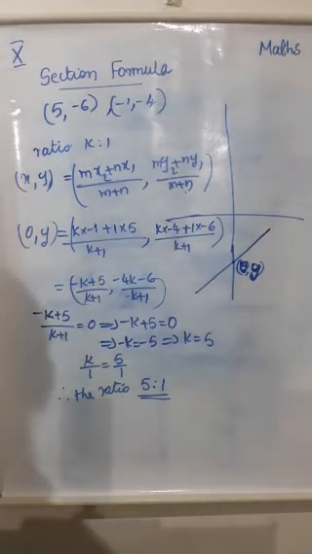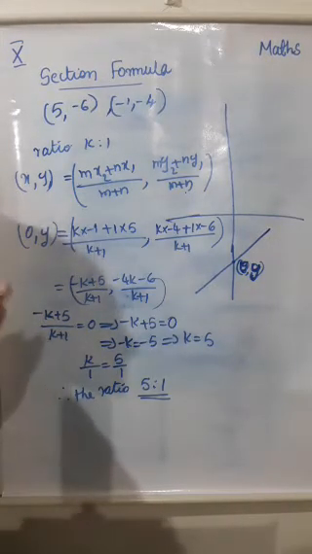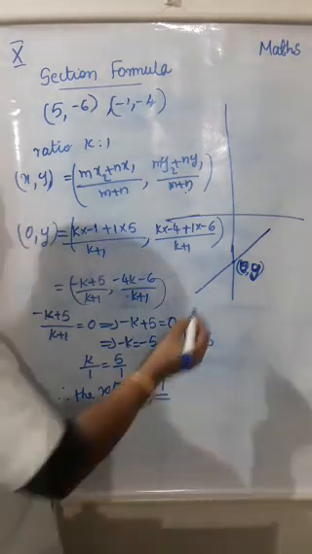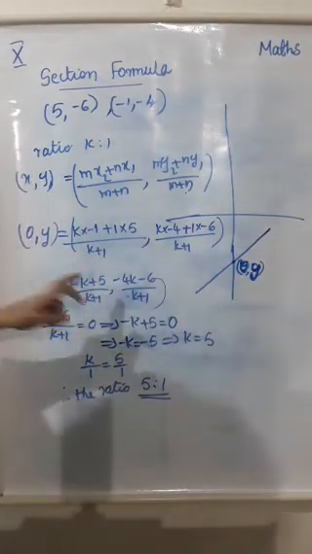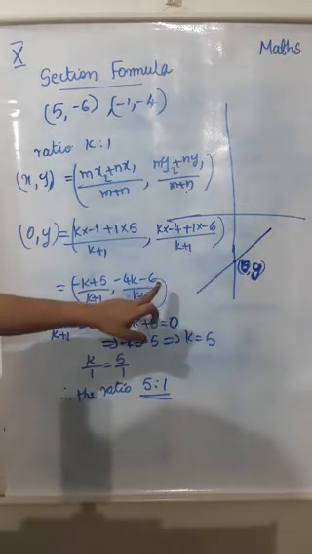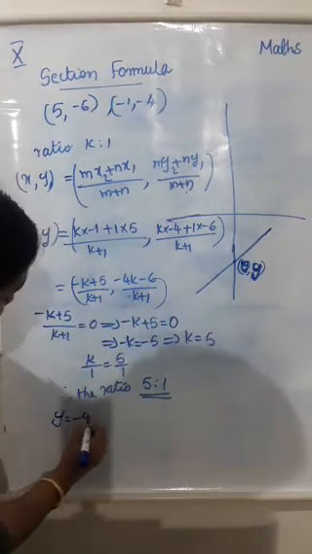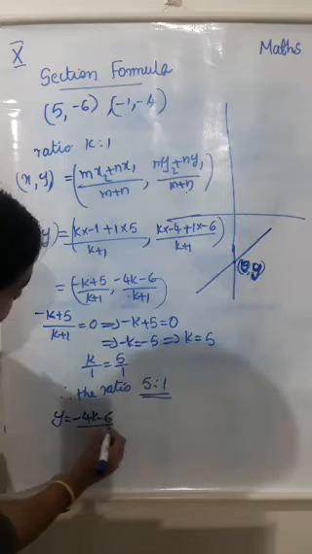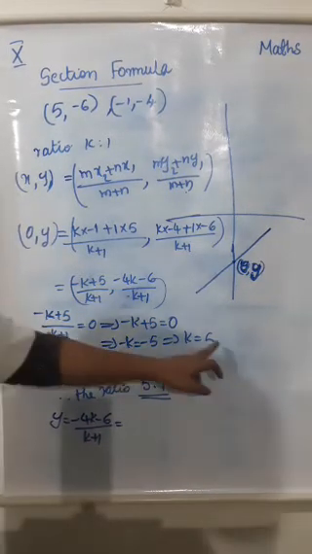In the question, we need to find the point of intersection also. The point of intersection means the point 0, y. So y is equal to negative 4k minus 6 by k plus 1. You know that the value of k is 5.